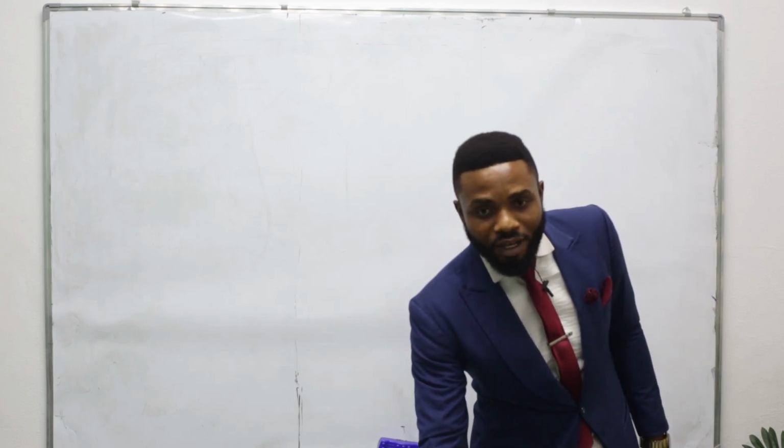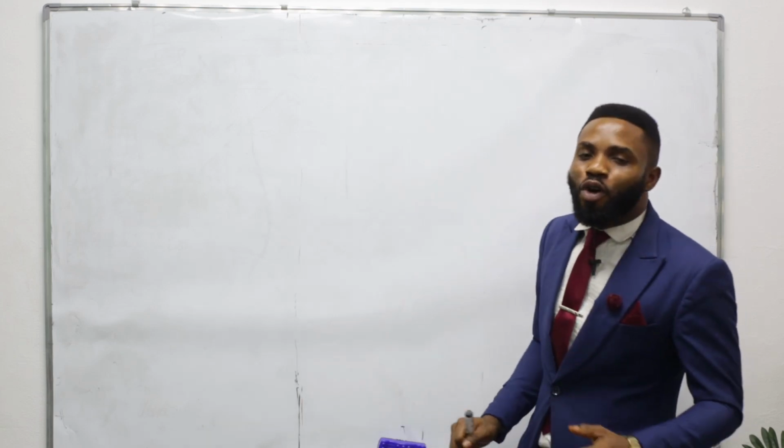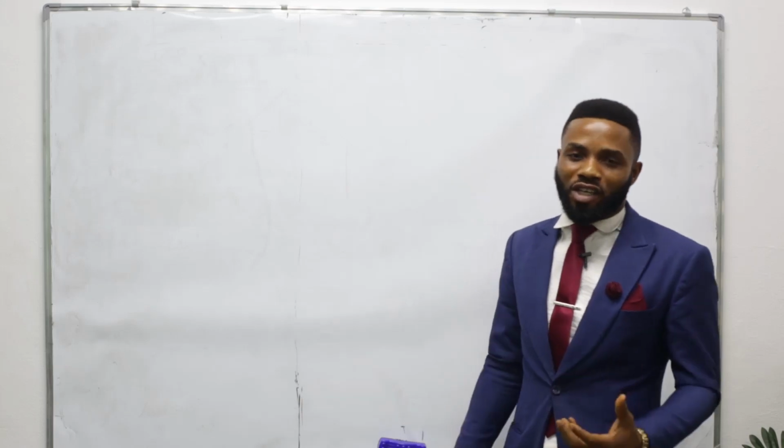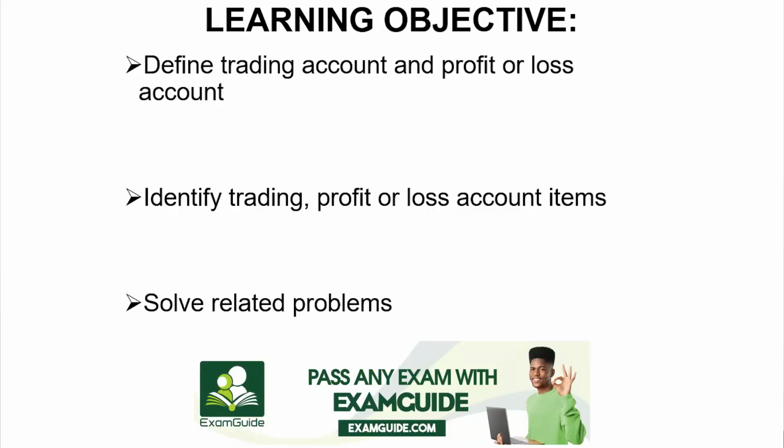Under this topic, we are going to consider what we call learning objective. What do we intend to achieve at the end of today's lesson? We are going to look at three very cardinal points as our focus in today's lesson. Number one, we are going to look at how at the end of the lesson we can define trading account and profit or loss account.